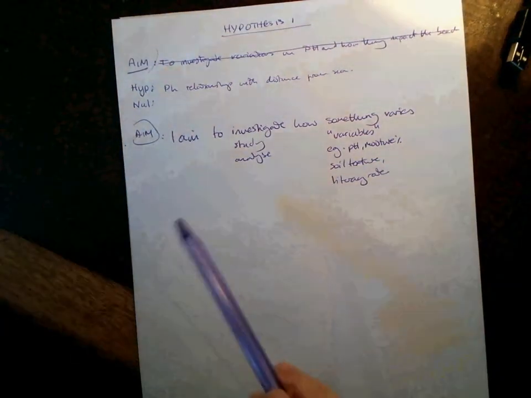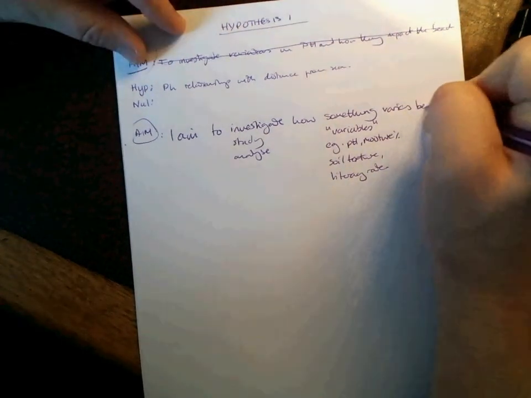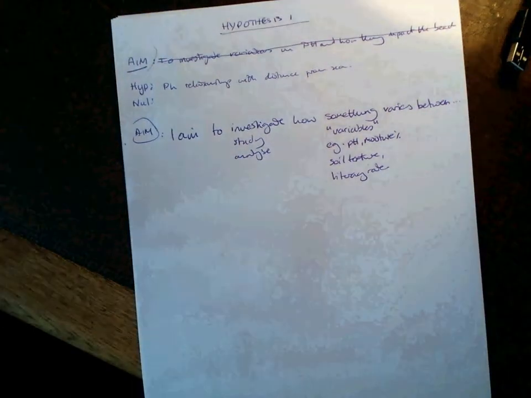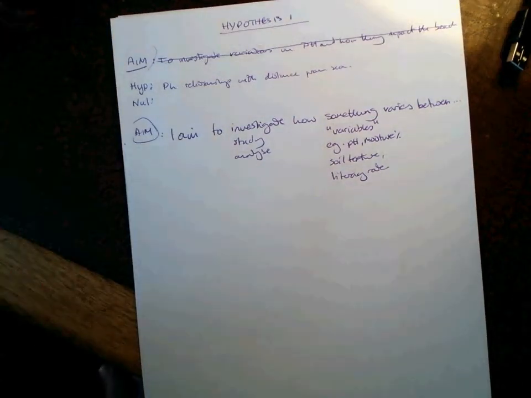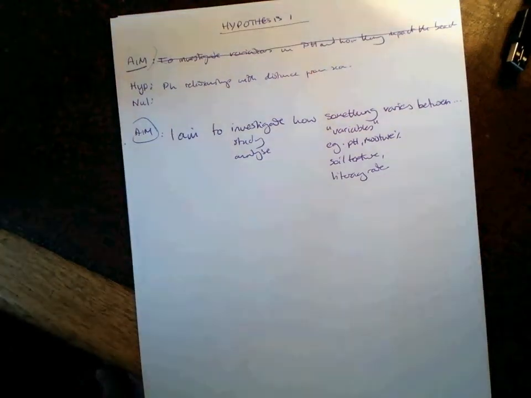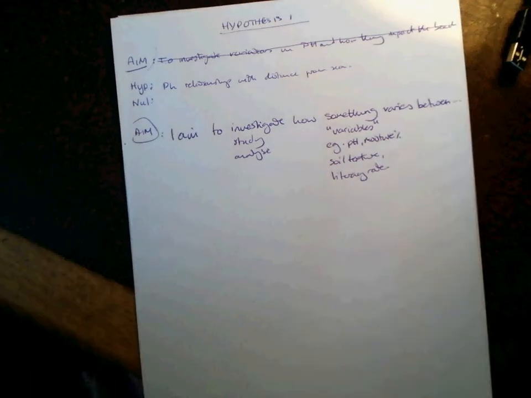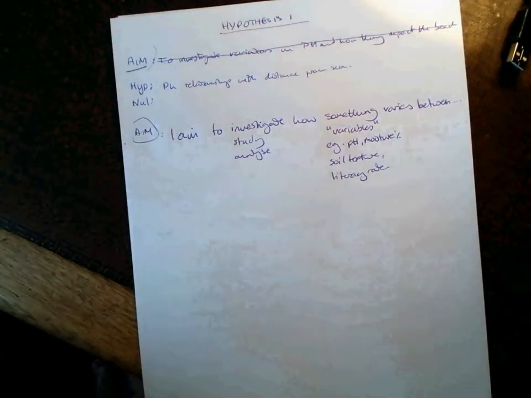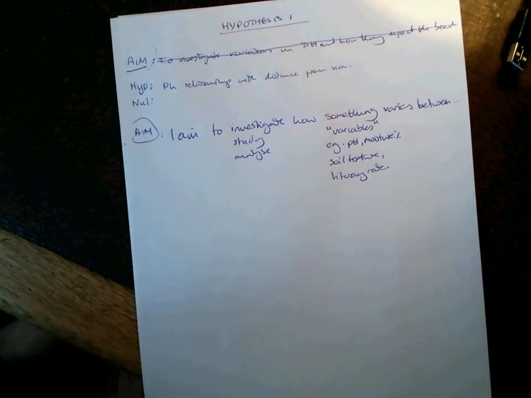So you aim to investigate how the literacy rate varies between... between what? Between the three study zones, between the upper and lower HDI groups that you've studied, between the three transects on the beach. Maybe you want to do this between the mobile and the stable dunes at the beach. That's another way of doing this. I aim to investigate how something varies. That's really what you just need to be pointing out here.